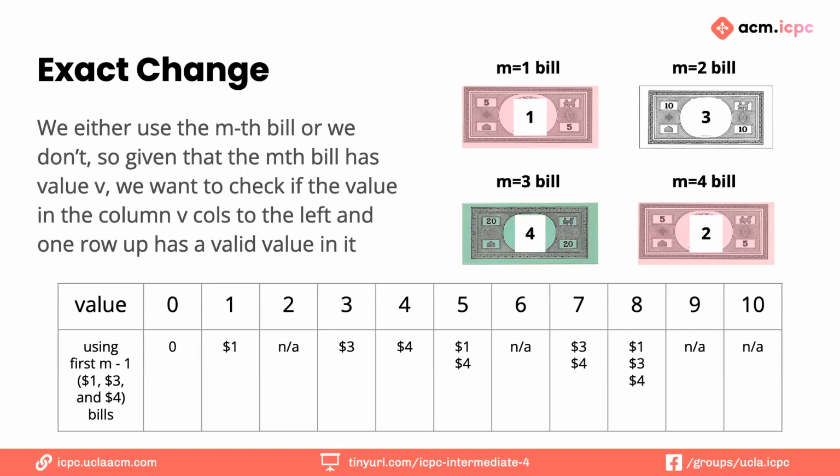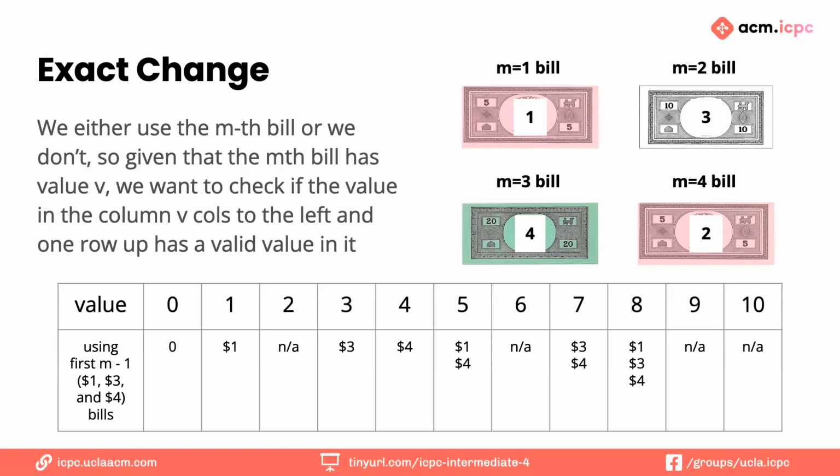With dynamic programming, we're always going to assume that we know the answer to a subproblem in order to solve the main problem. So assuming that dynamic programming has filled out this table and we've reached this point, we're now on the m equals 4 bill, which has a value of 2. We're going to take these values and check if there's a way to reach the value that is one column left and 1 row up, plus 1.